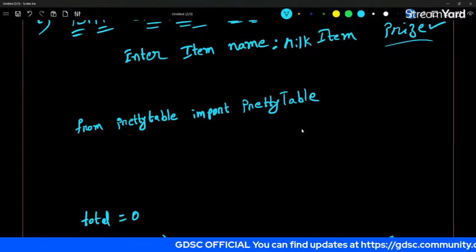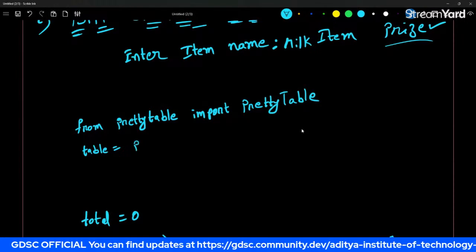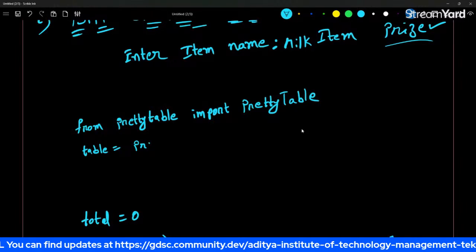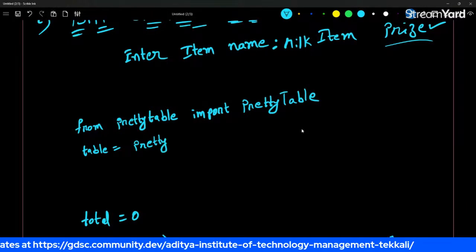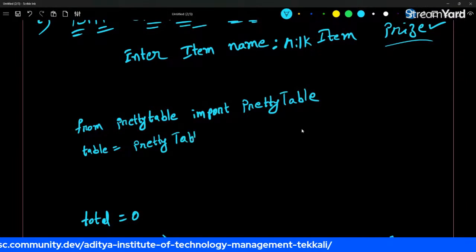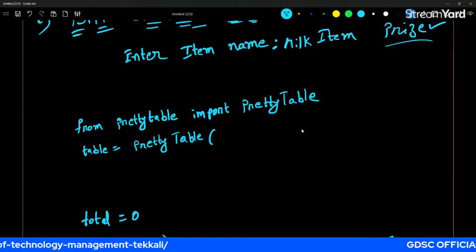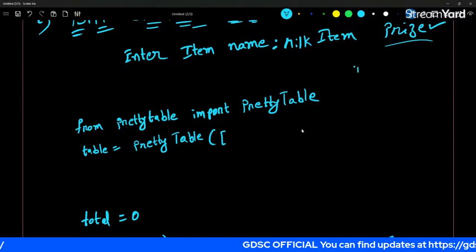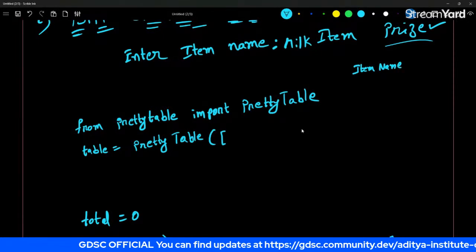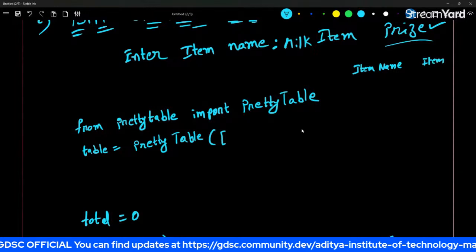Next, I'm going to make a table object. So here I'm making a table object by using the PrettyTable class. I'm going to create an object in that. So what are we having? We are having an item name and an item price, right?